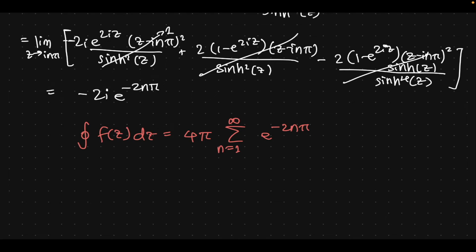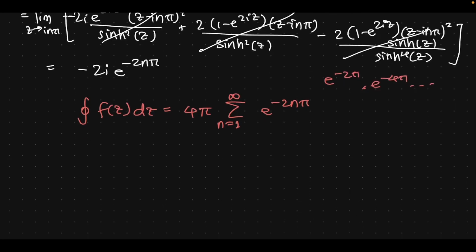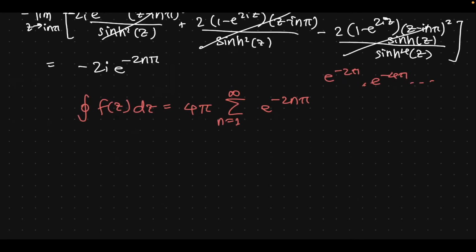Notice this is a geometric series, because e to the minus 2 pi, e to the minus 4 pi, and so on, which is converging because e to the minus 2 pi is less than 1. We can use the formula directly. 4 pi e to the minus 2 pi over 1 minus e to the minus 2 pi.